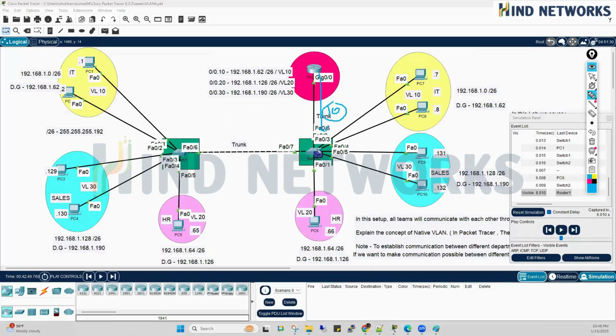That is inbound. Now the switch is forwarding this packet towards here with the VLAN number 10 tag. Clear? So that's the reason if you do not perform the tagging here, this switch is not able to add the tag, guys.